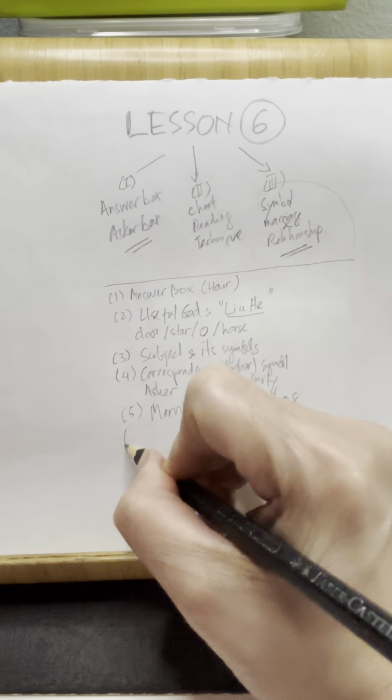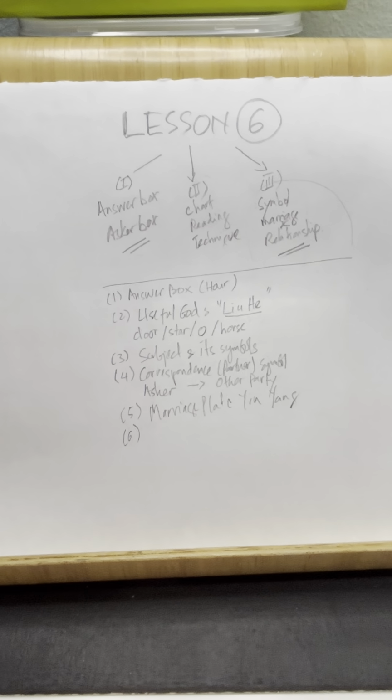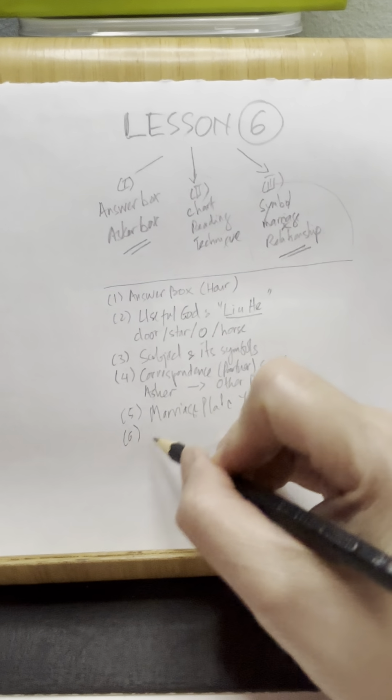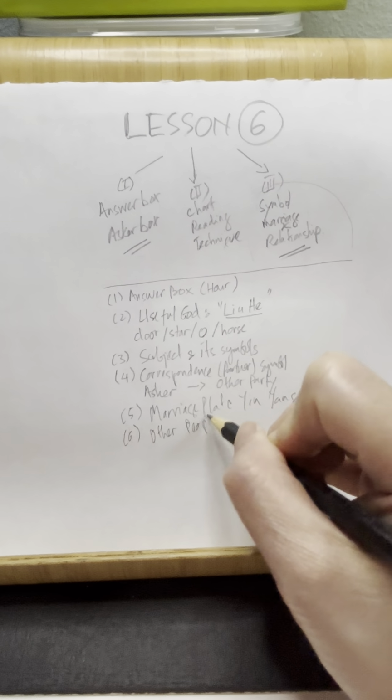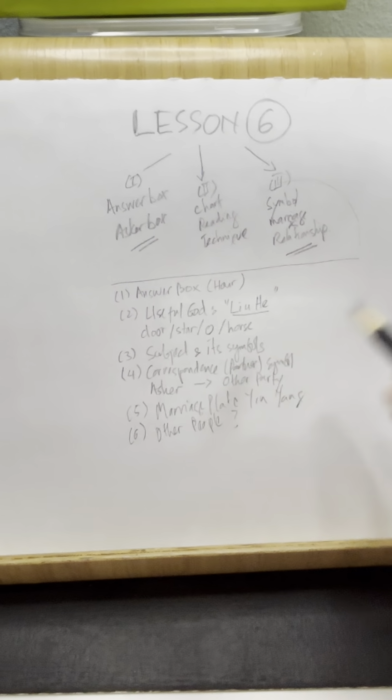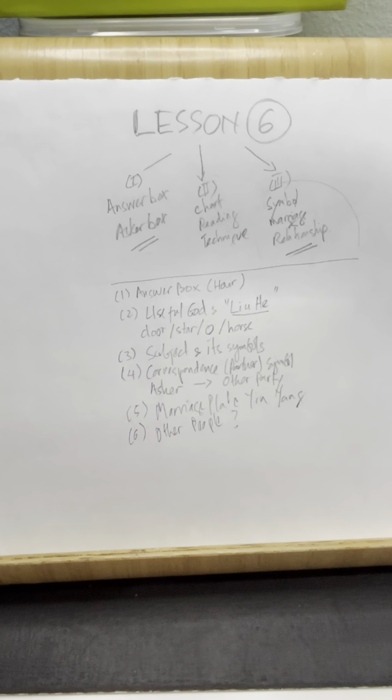Next, we need to identify the possibility of other people involved in the relationship. How do we identify?